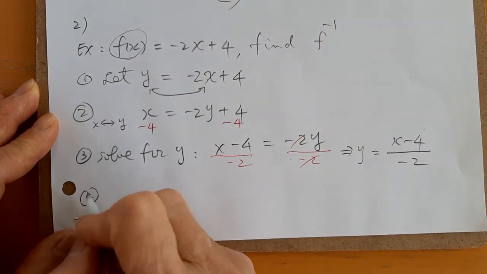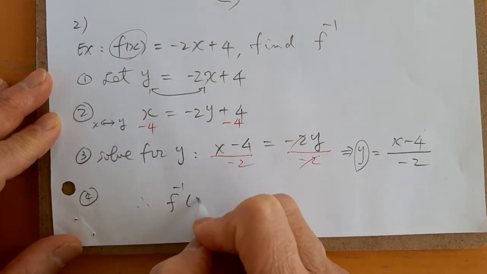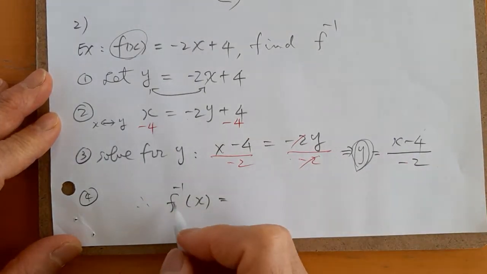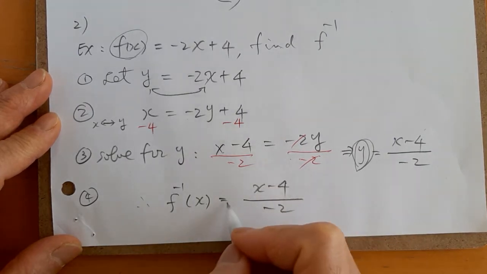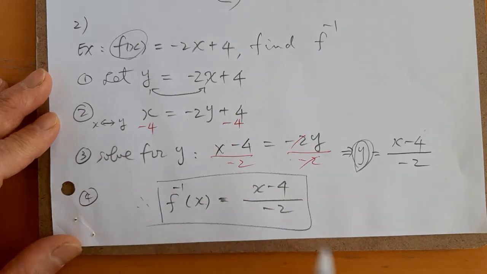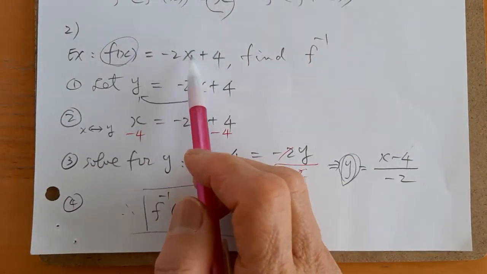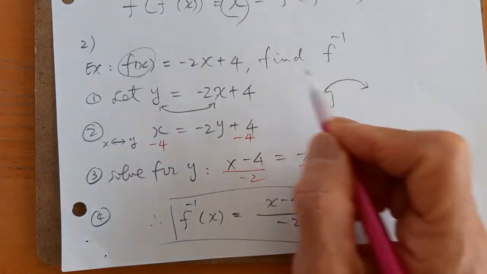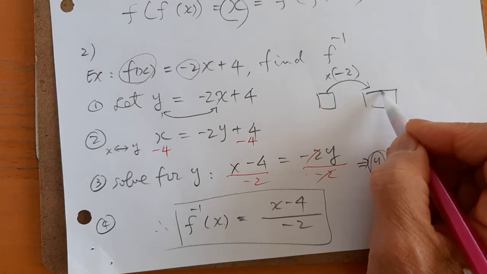The next step, write the answer with y replaced by f inverse of x equals (x minus 4) over negative 2. And this is the inverse function. So the original function takes a number, multiplies by negative 2, and then adds 4.